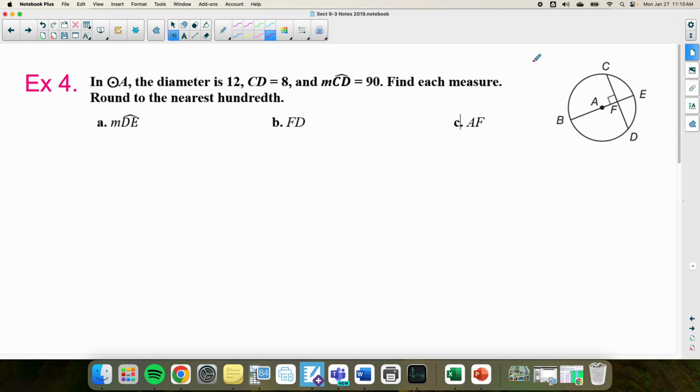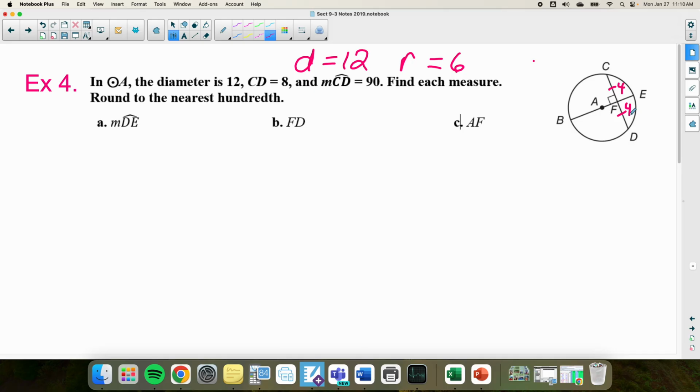Now this one says the diameter is 12. If your diameter is 12, what is the radius? 6, okay? Then it says CD, which is this whole chord, is 8. So what would each of these pieces be? 4. Okay?